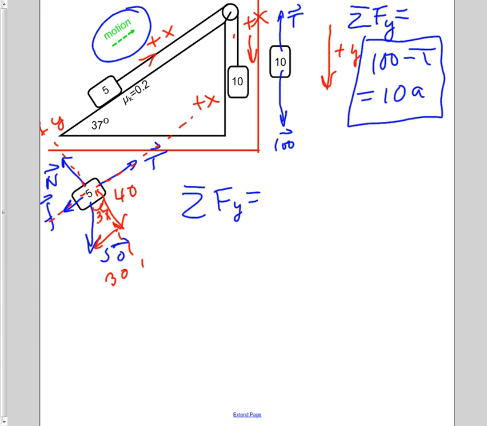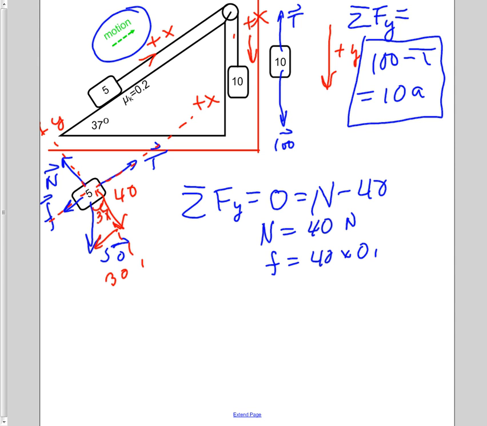His acceleration is only in the x direction. So this is a Newton's first law problem here, and that's equal to N minus 40. So we find that the normal force is equal to 40 newtons, and therefore the frictional force is 40 times 0.2, or 8 newtons.